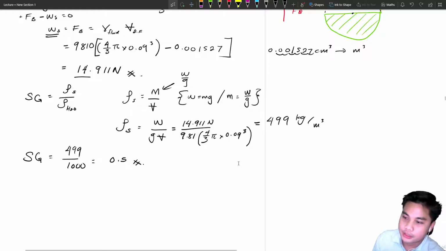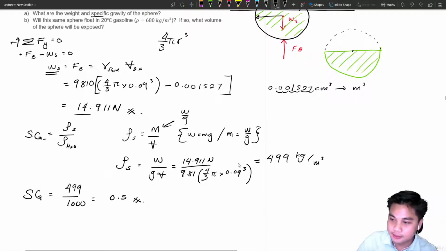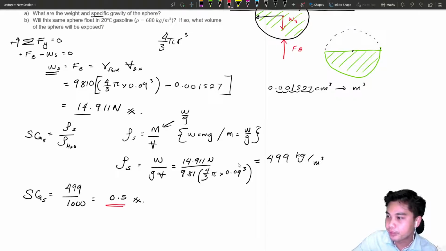That is the specific gravity of the sphere, as well as the weight.